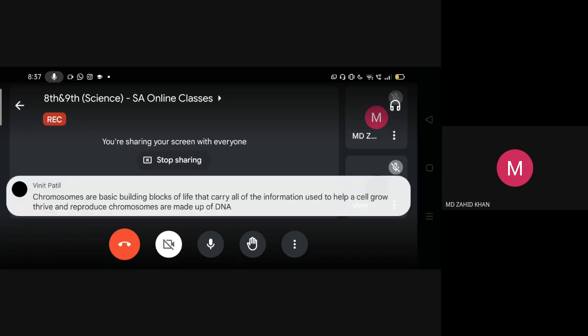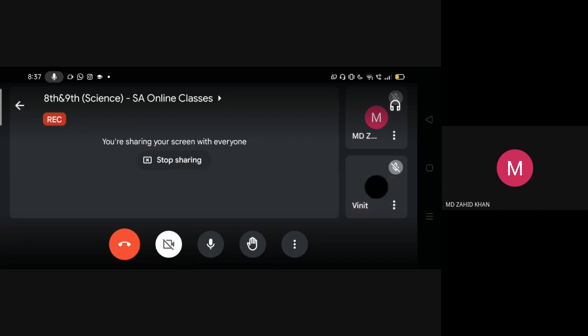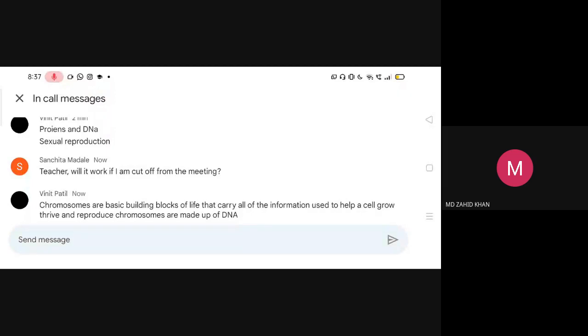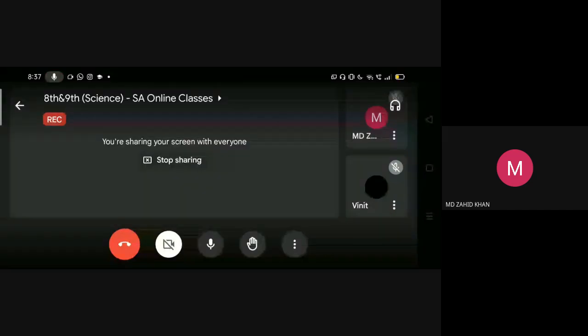Chromosomes are the basic building blocks of life that carry the information used to help a cell grow, thrive, and reproduce. Chromosomes are made of DNA. What are their types?